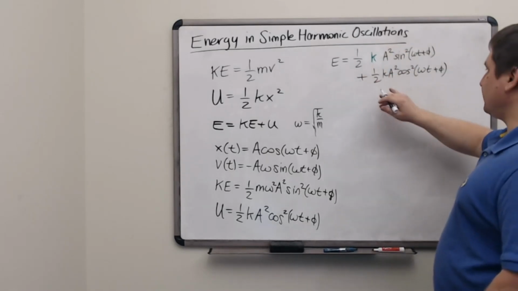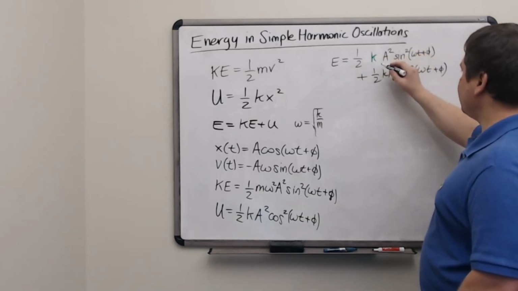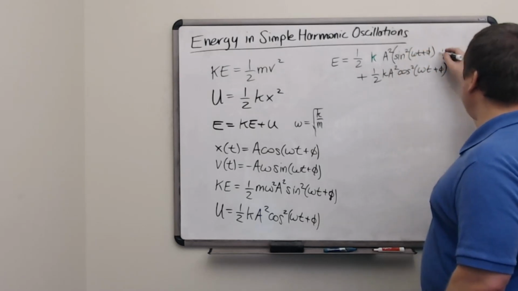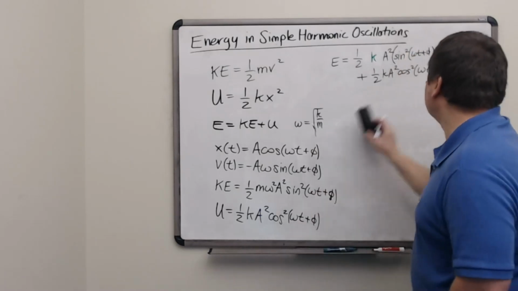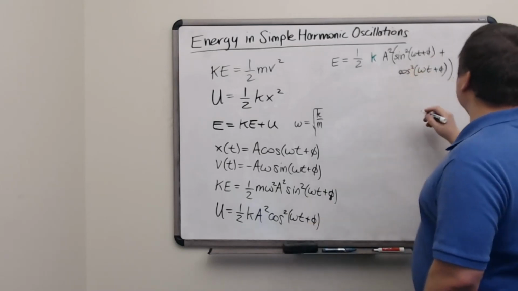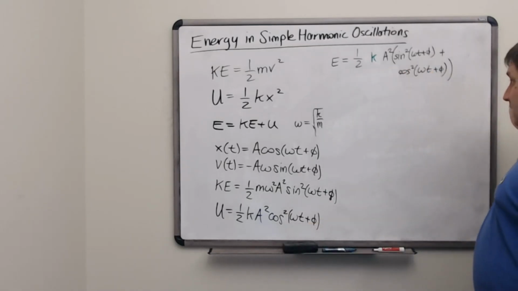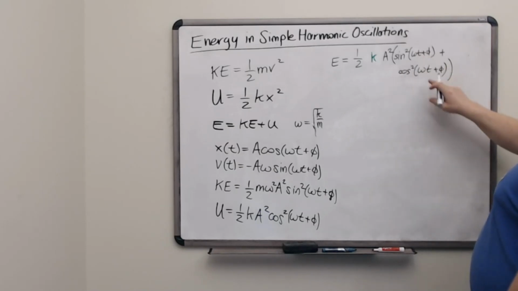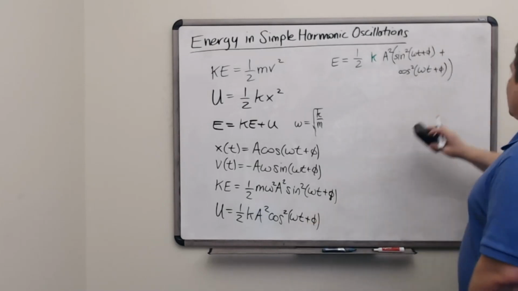Now, both terms look similar. They have 1/2 times the spring constant times the amplitude squared. So that can be factored out. The remaining trig functions, sine squared plus cosine squared, always add up to 1, no matter what argument or time they're evaluated at.